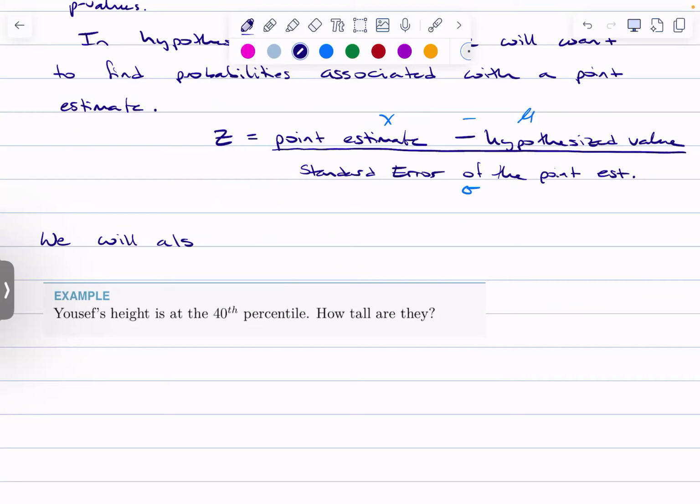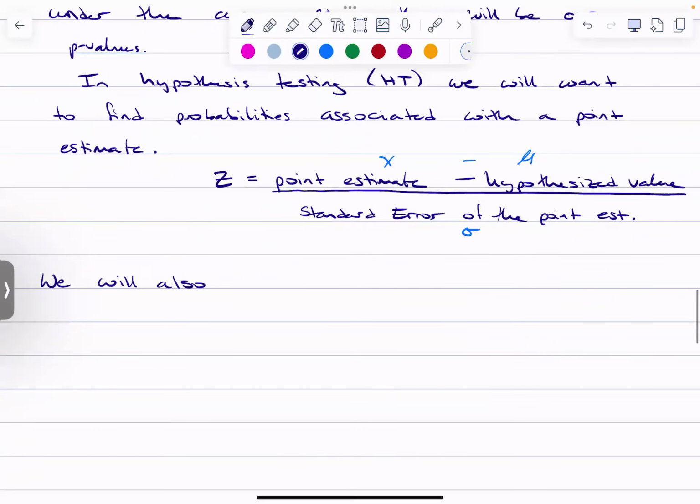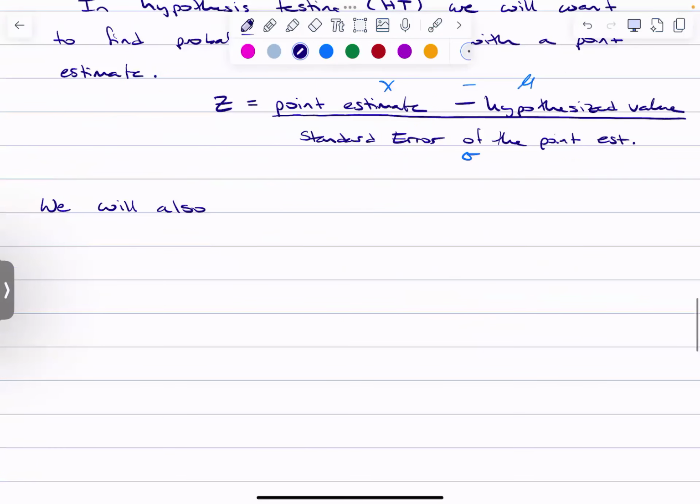We will also need to be able to find, can I call them critical values or just Z scores? Let's do both.